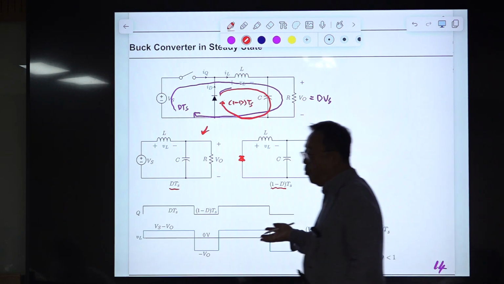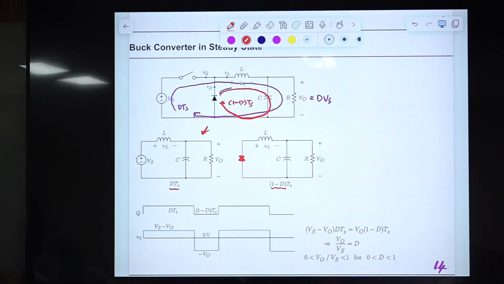According to the volt-second balance condition, these areas should be the same, otherwise your converter won't reach steady state. When we talk about steady state, this condition is met. That means the area of A is the same as the area of B. This is the volt-second balance condition.